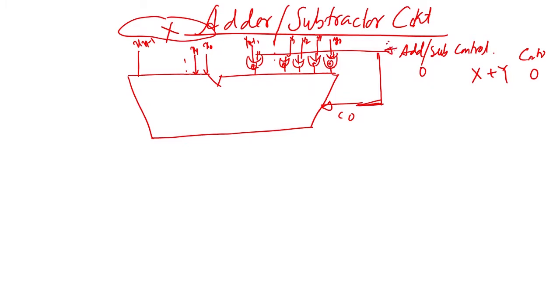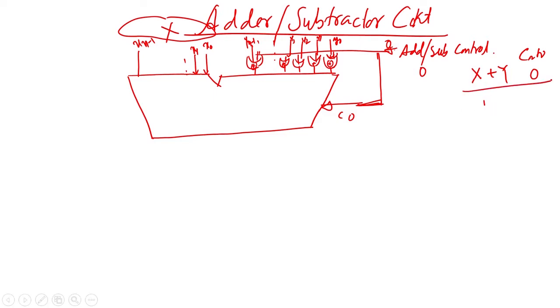The carry in C 0 is 0, so that is a simple adder circuit. With exclusive OR, if you give 0 with 1, it will be 1. If you give 0 with 0, it will be 0. So, whatever the input is, it will remain the same. That will give you the addition.